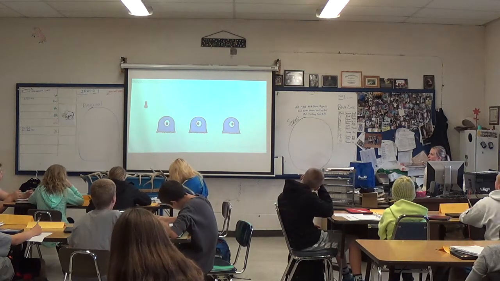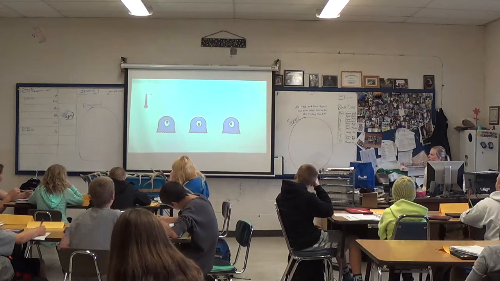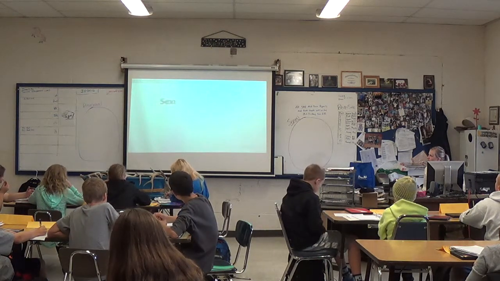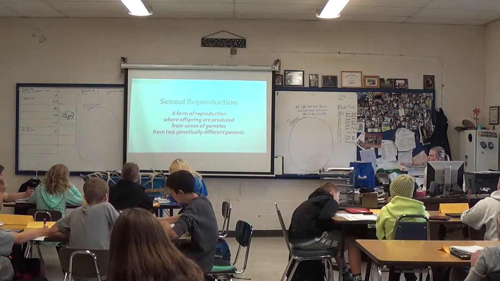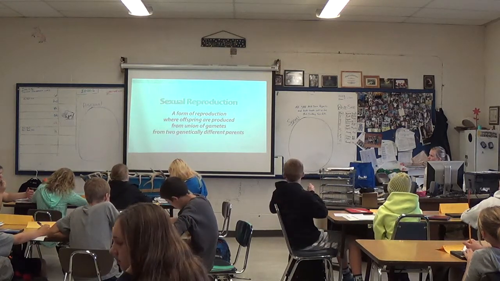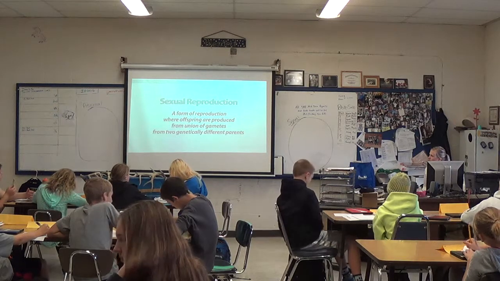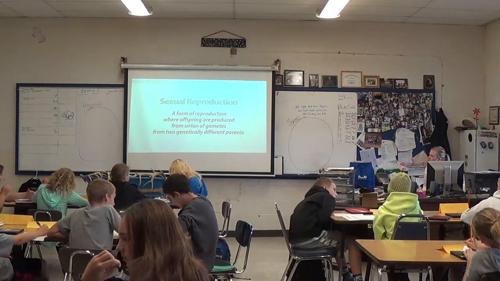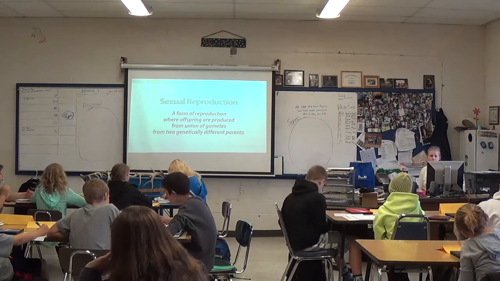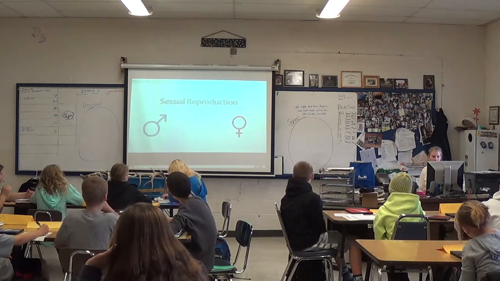Therefore, the entire population could perish if a major environmental change occurred. An alternative strategy known as sexual reproduction offers an opportunity to introduce genetic variation into the population. During sexual reproduction, offspring are produced from the genetic material of two different individuals, the offspring's mother and father. Each parent contributes half of the genetic material.